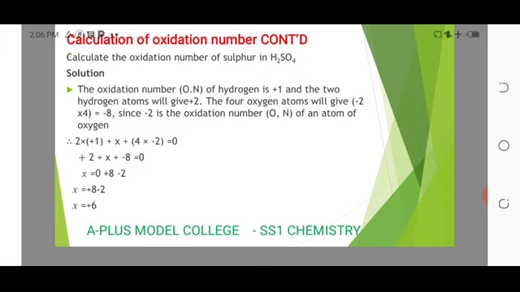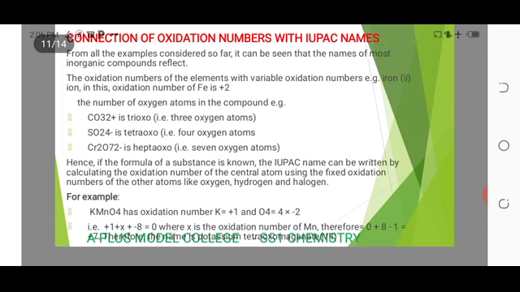By the time you solve, we get x, the oxidation number of sulfur, to be +6. That is why we call this compound tetraoxosulfate 6, because the oxidation number of sulfur there is 6.